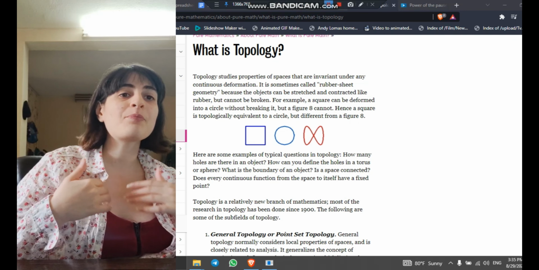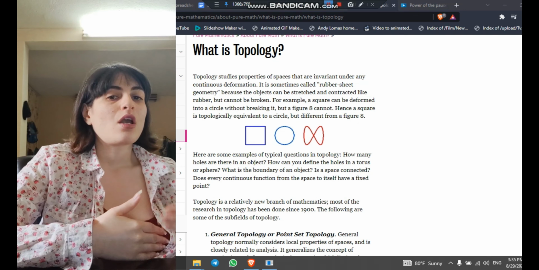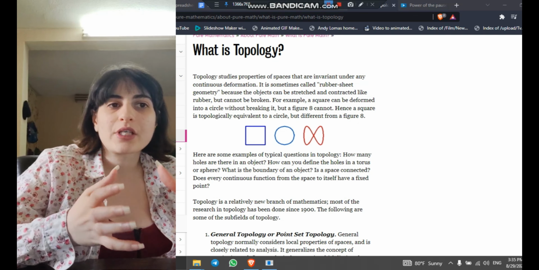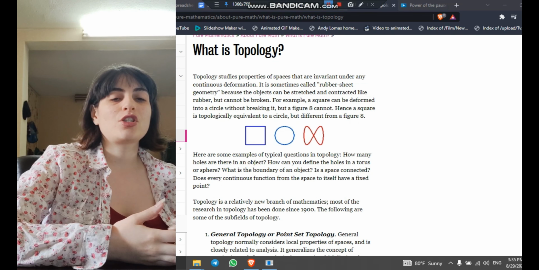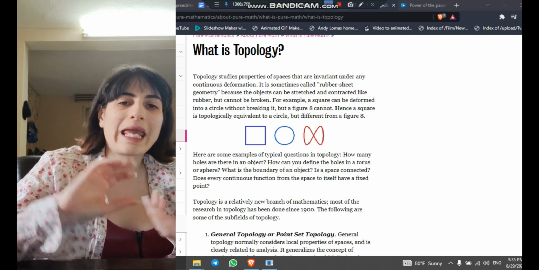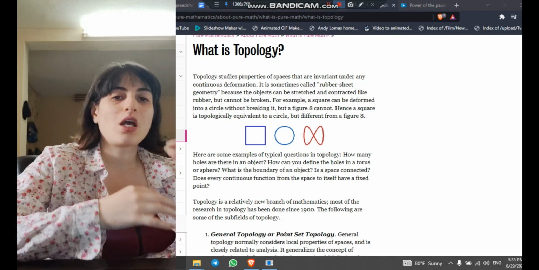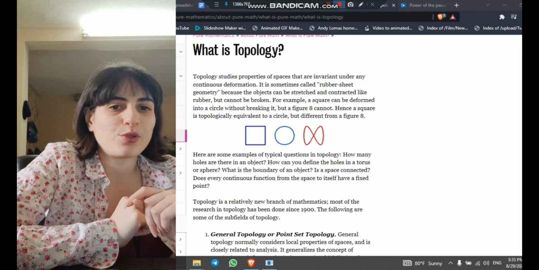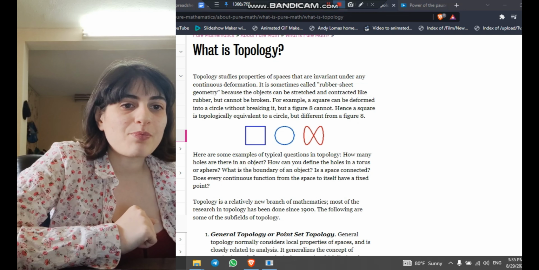For example, a square can be deformed to a circle, but it cannot deform to be shaped like an 8, because 8 has 2 holes, and holes are really important in topology terms.